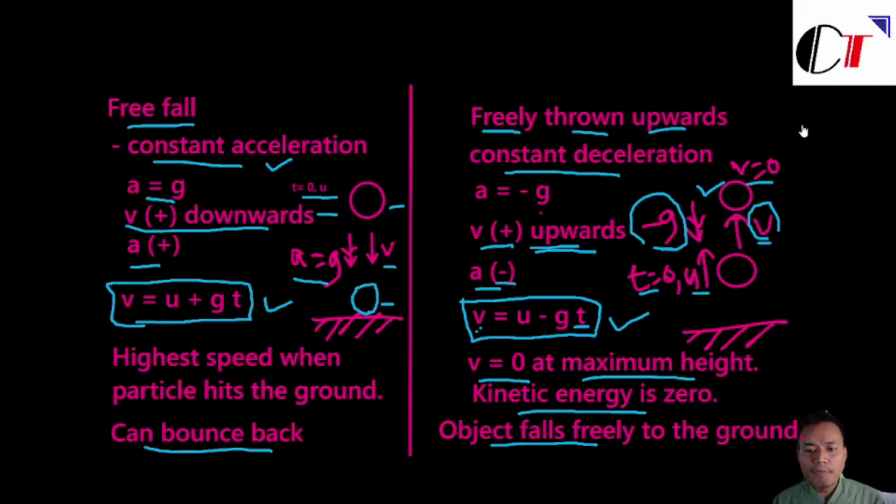Those are the main points for the two different motions, free fall and freely thrown upwards motion. Today we will look at the combination of the two. So let's look at that.